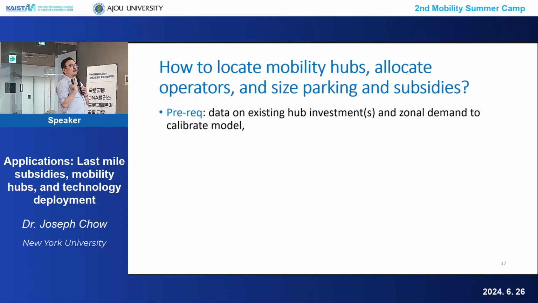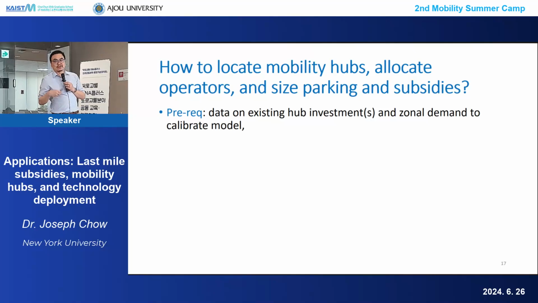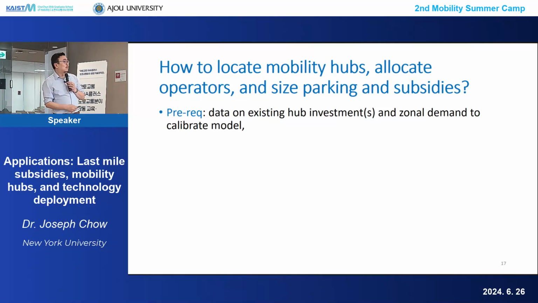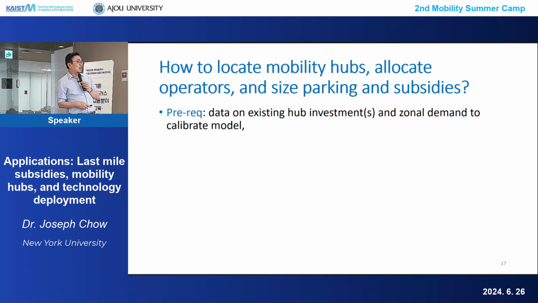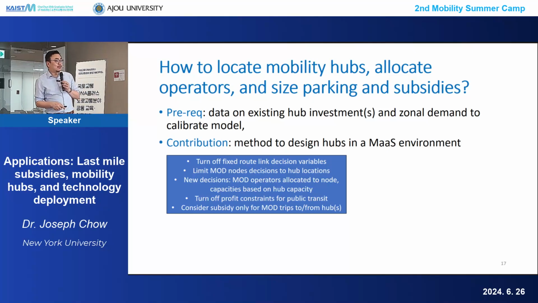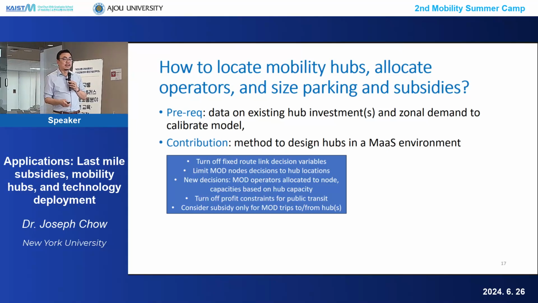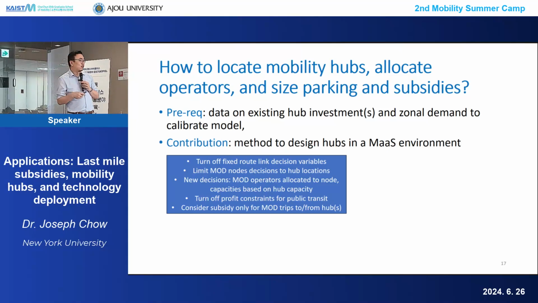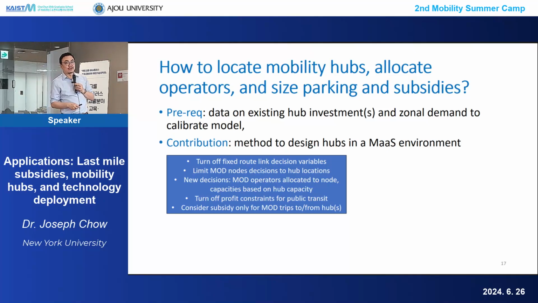How would our model framework apply to this? So the requirement, I'll use prerequisite to say, if you have this already, right? So data on existing hub investments, maybe zonal demand to calibrate the model. You can then look at a method to design hubs in a multimodal mobility as a service environment, right? The changes to our framework essentially involve turning off fixed route link decision variables.